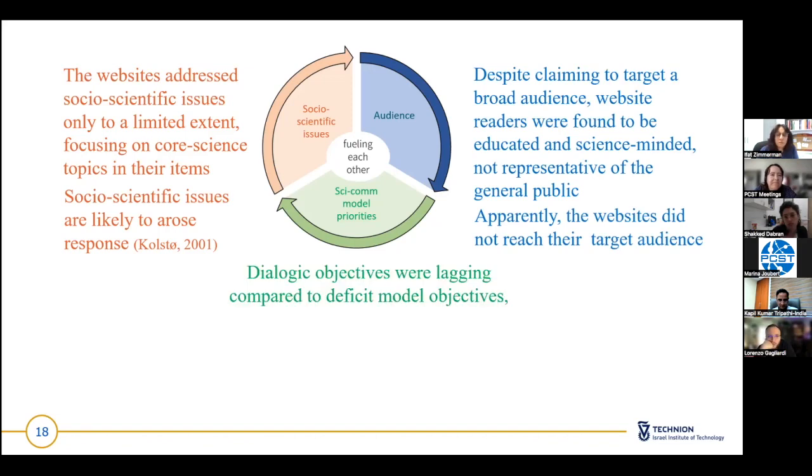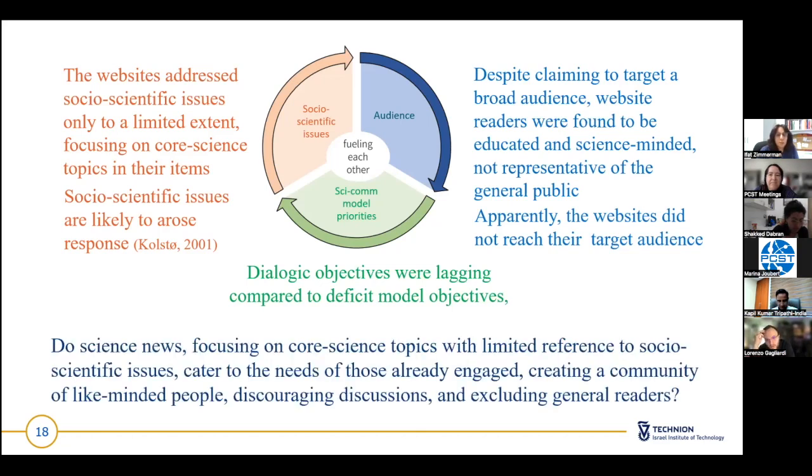We also found that dialogic objectives were lagging compared to deficit model objectives. So this might raise the question: does science news focusing on core science topics with limited reference to socio-scientific issues cater to the needs of those already engaged, creating a community of like-minded people, discouraging discussions and excluding general readers?